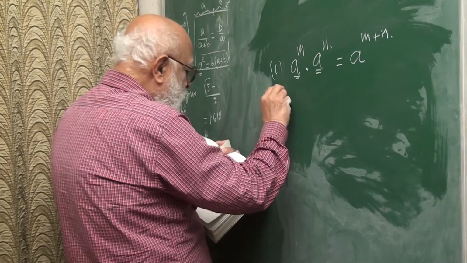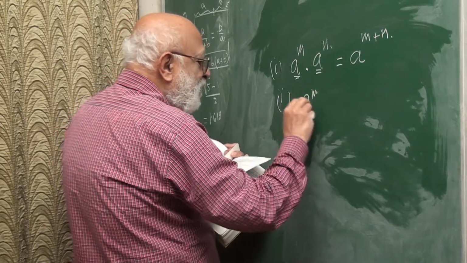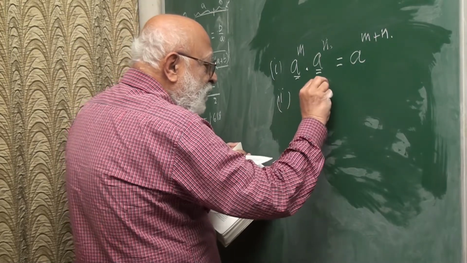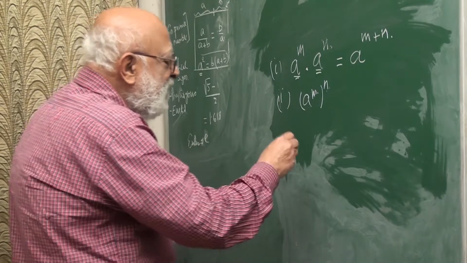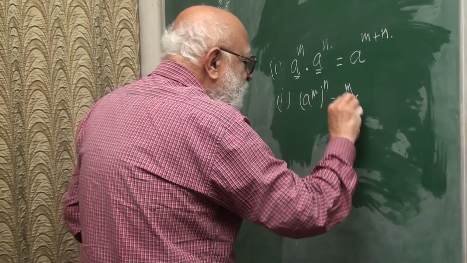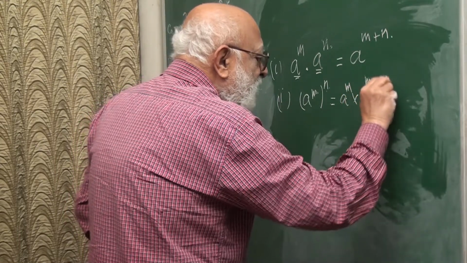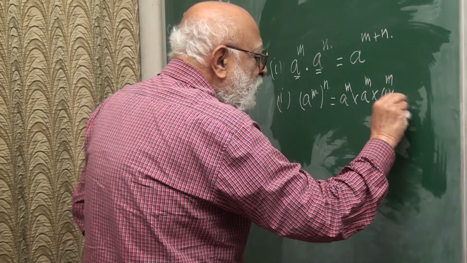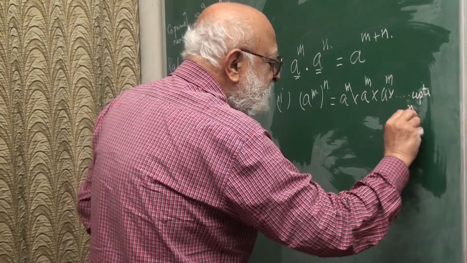What is rule number 2? A to the power m, all to the power n. What does it mean? It means a to the power m into a to the power m into a to the power m, like that up to n terms.